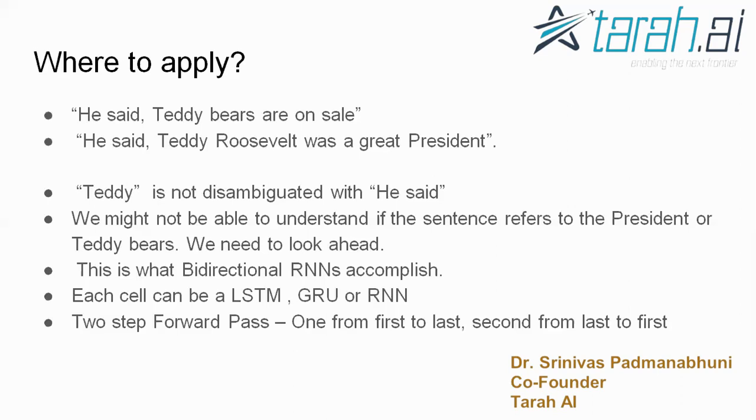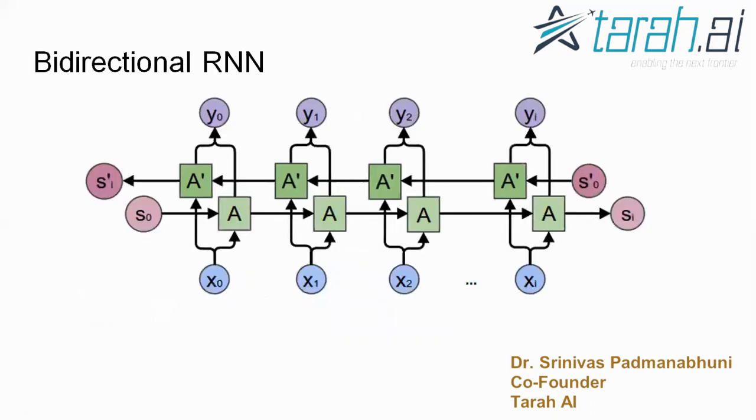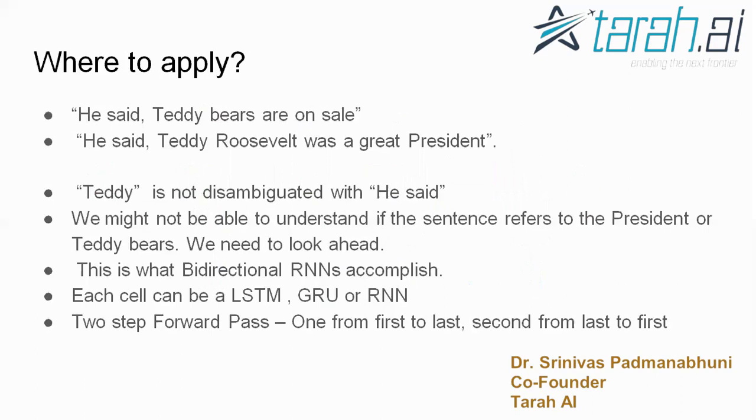But then imagine here, where each cell can be an LSTM or a GRU or an RNN. This is very important, because the architecture of bidirectional RNN does not say that the node which is present here, each A dash or A, is purely a conventional RNN with a tanh loop.